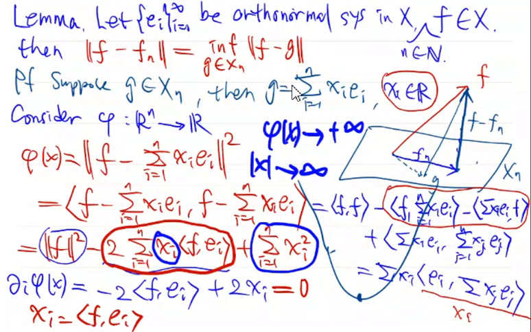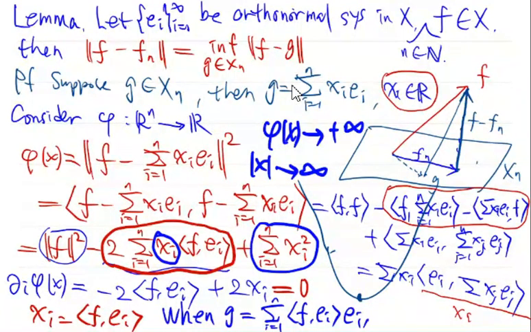That is to say, when g equals the sum of fi ei, i from 1 to n, when g equals this element, when g equals the projection of f on Xn, the distance from f to g attains its minimum.